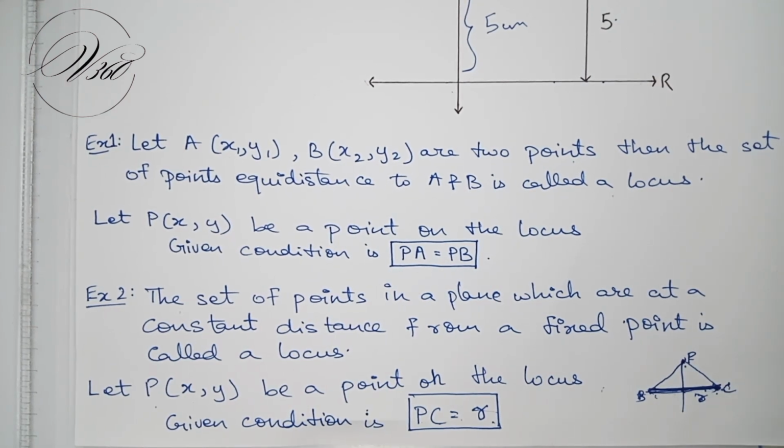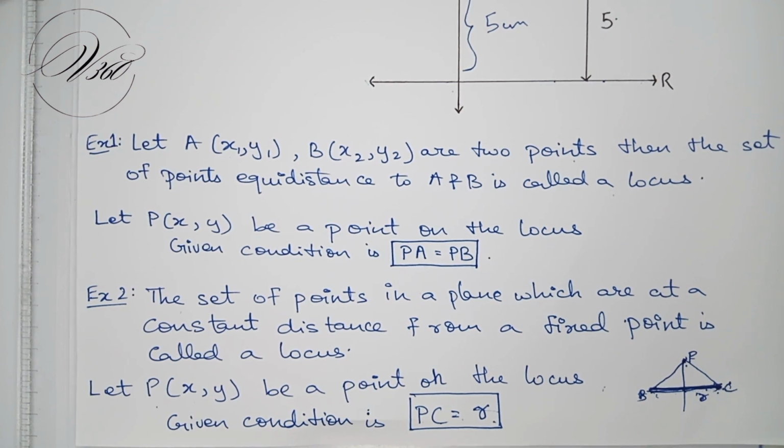Now here, example 1: let A (x1, y1) and B (x2, y2) be 2 points. Then the set of points equidistant from A and B is called a locus. Let P (x, y) be a point on the locus, and the given condition will be PA equals PB.